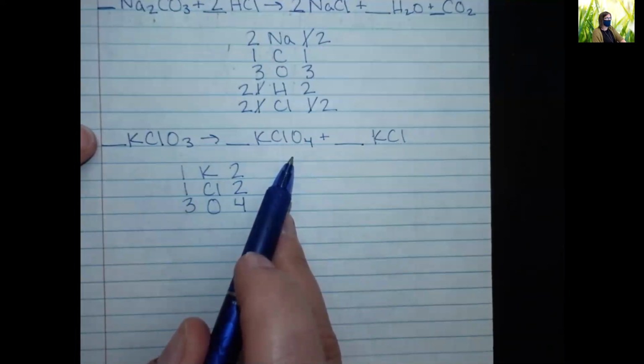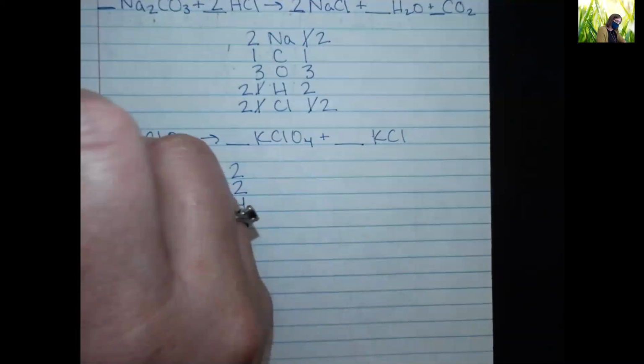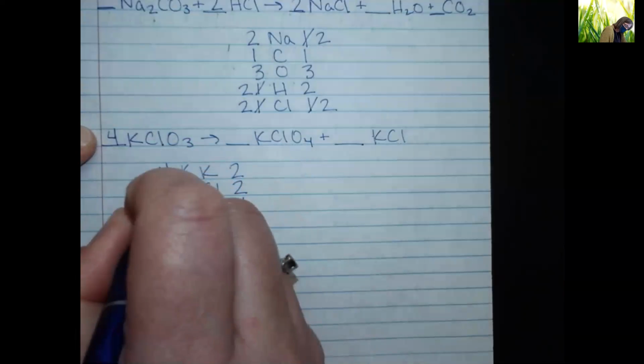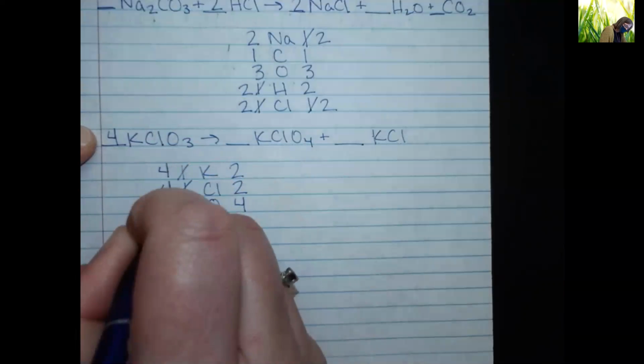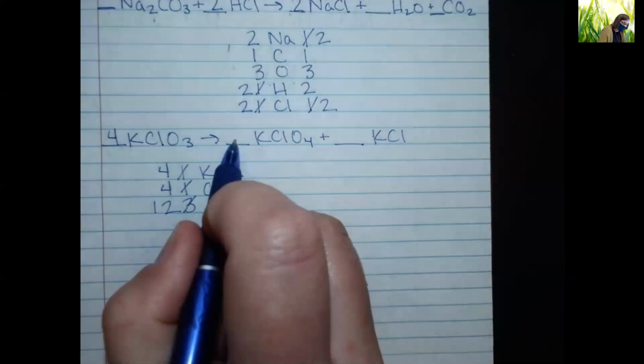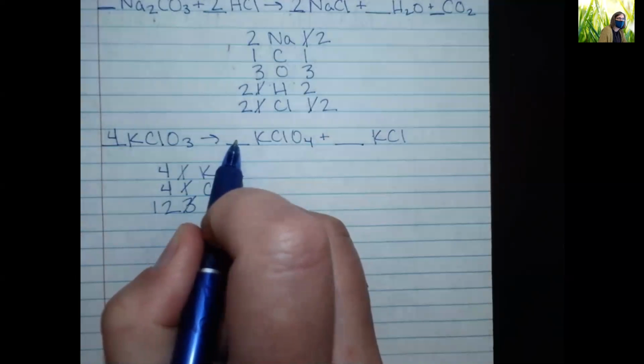What number do I put here to get 12 oxygens? A 4. And that makes it so we have 4 Ks, 4 Cls, and 12 oxygens. And then we said we wanted 12 oxygens on both sides. So now what number do we put here to make 12 oxygens?